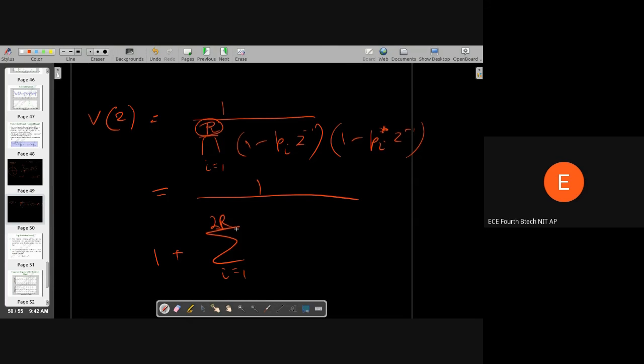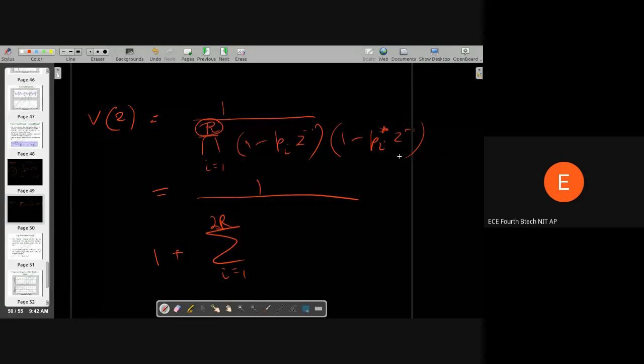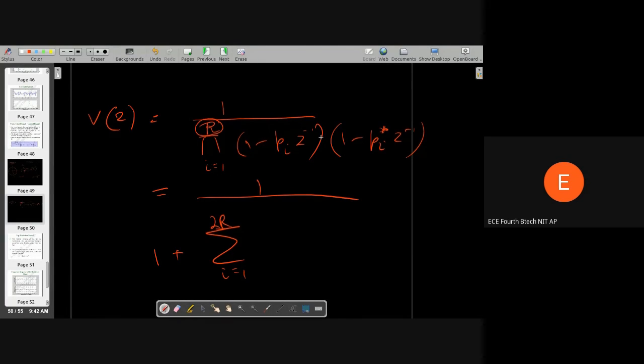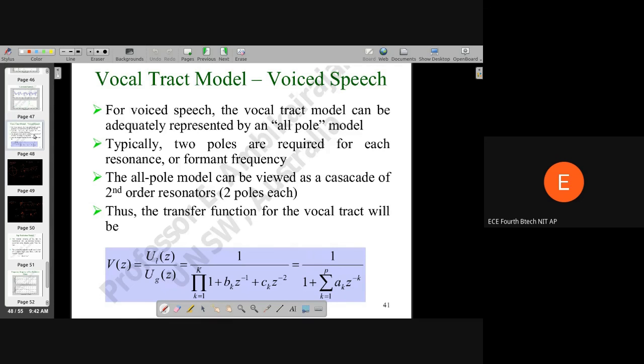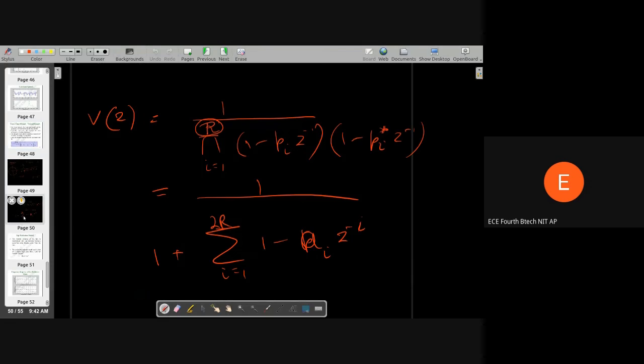For one pair, it is a 2nd-degree equation. With 4 resonances, there will be an 8th-degree equation. So 1 minus the sum from 1 to 2R of a_i z to the power minus i, or z to the power minus k, however you denote it.